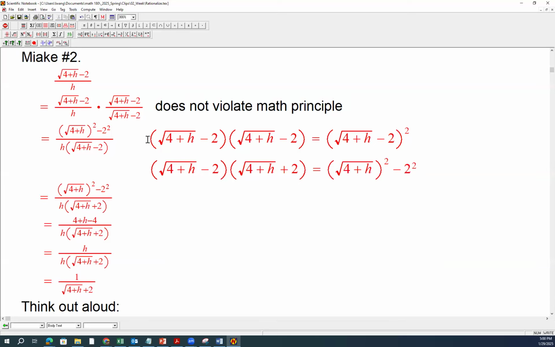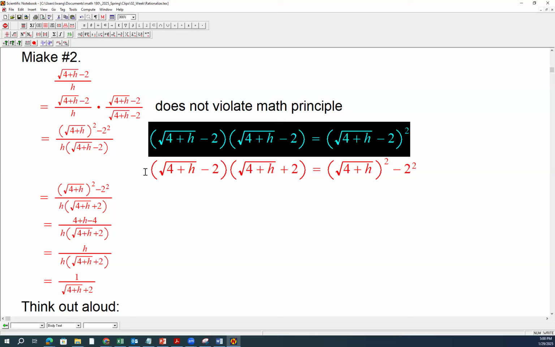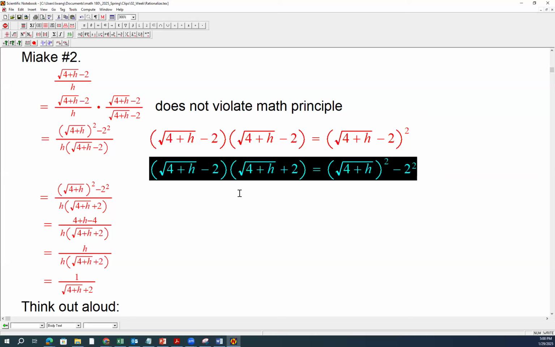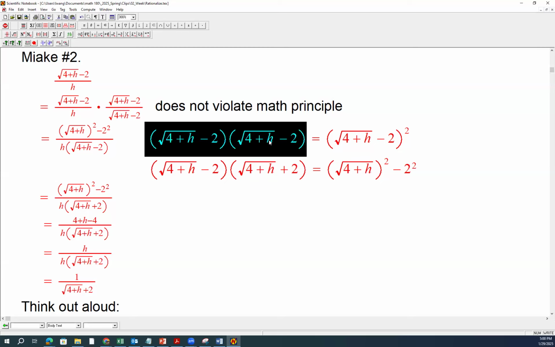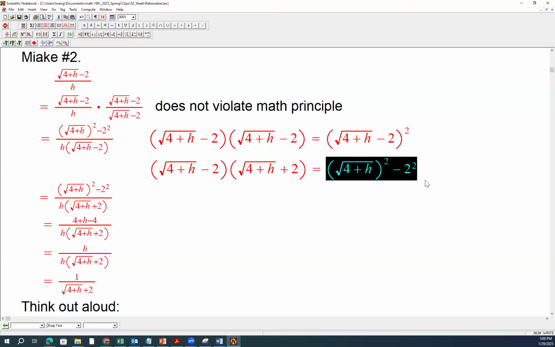So this is the correct one. But when you do something like this and tell the reader that these two multiplied equal that, that would be a mistake on that equal sign.